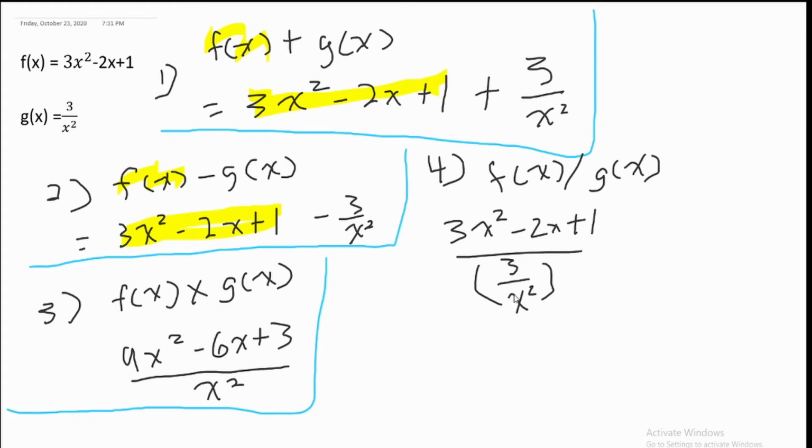What we do here is we just flip this upside down. I'll show you what I mean here. Because we technically divided by a fraction. 3x squared minus 2x plus 1. Now what we do is we multiply by this.